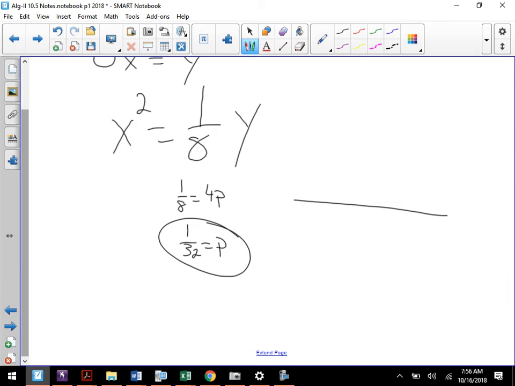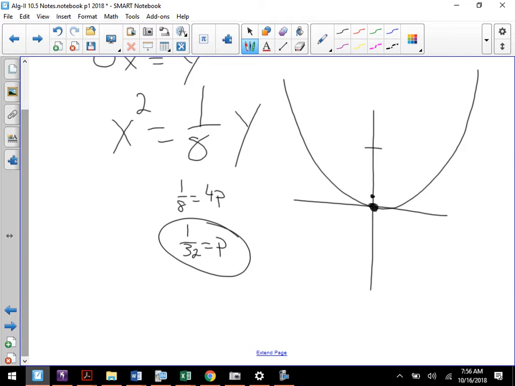Yeah. All right. Now, is this one going to open upward or downward? Upward, it's positive. Okay. So I know that our vertex is at the origin. And if I say this is about 1 here, would this be about 1/32-ish? No. All right. And then my curve, something like that. Then what's the last thing I'd have to put in?